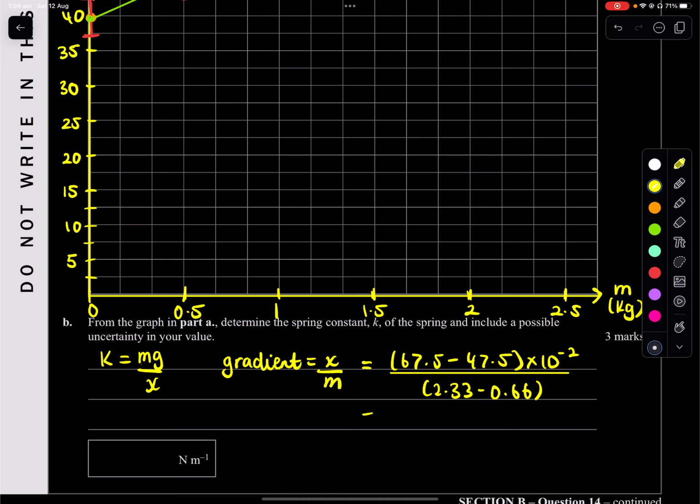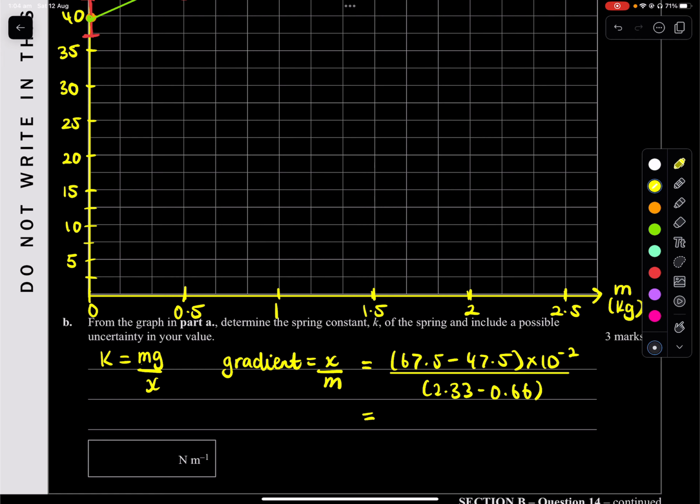So this would give us 67.5 minus 47.5 times 10 to the negative 2, over 2.33 minus 0.66. Okay. Into the power of 2.